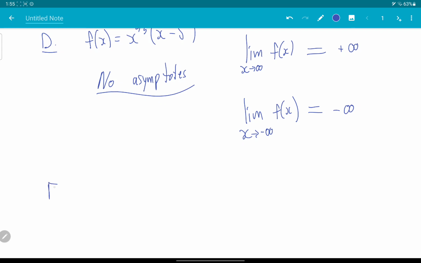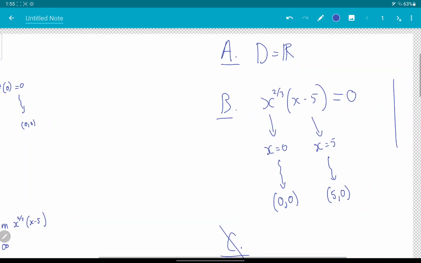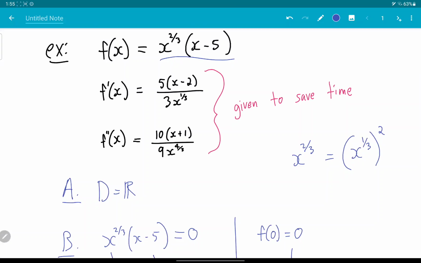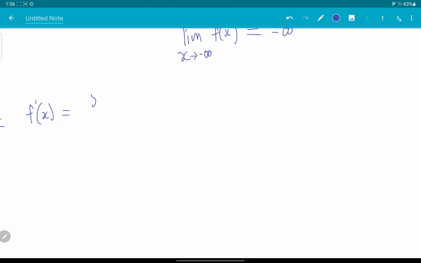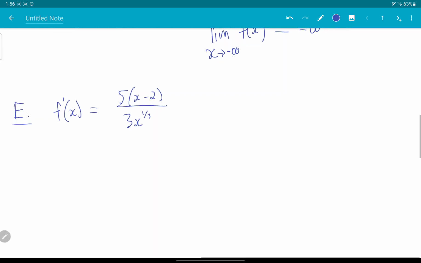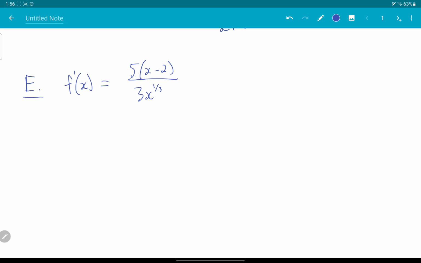E, intervals of increase and decrease. F prime of x is, let me grab it from above here, x minus 2, 3x to 1/3. Okay, so f prime of x, to find a critical number, set it equal to 0.